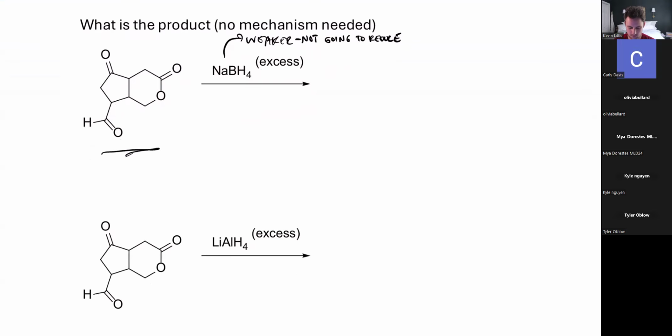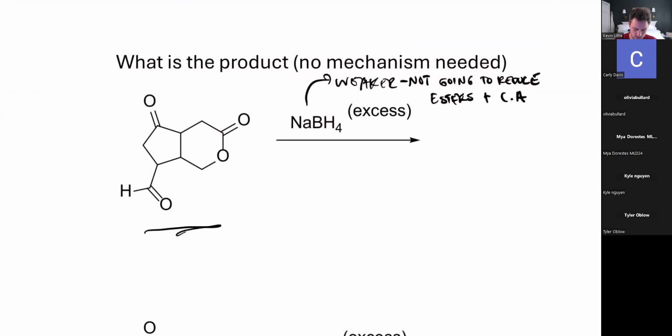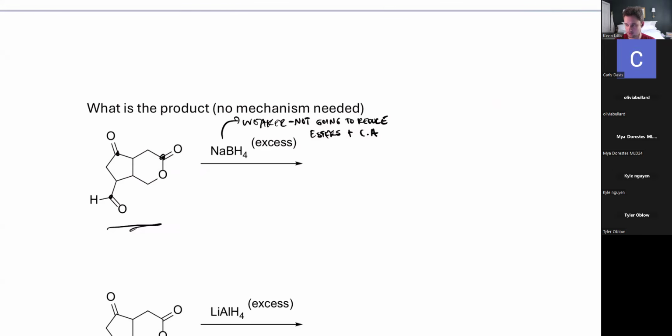So sodium borohydride, it's weaker. LAH is a very strong reducing agent. So sodium borohydride is not going to reduce esters and carboxylic acids. So I'd look at this and I'd say, well, this could be reduced, but that ester is unlikely to be reduced with sodium borohydride.